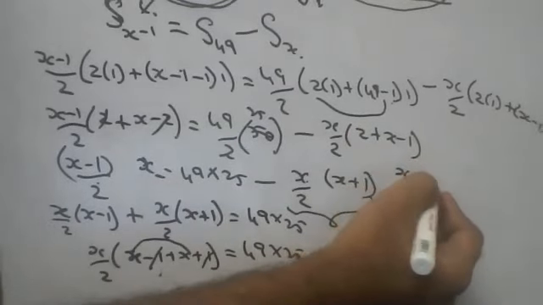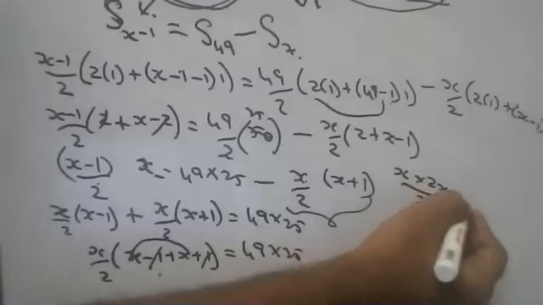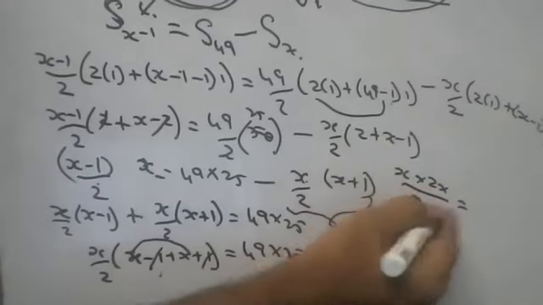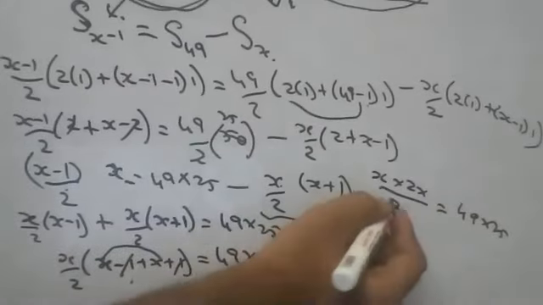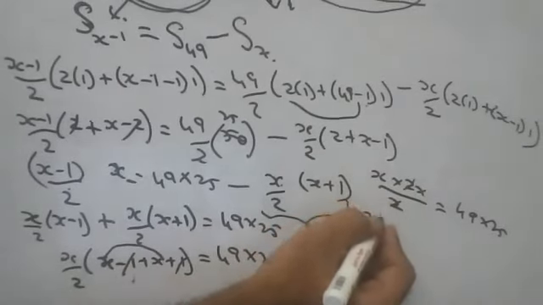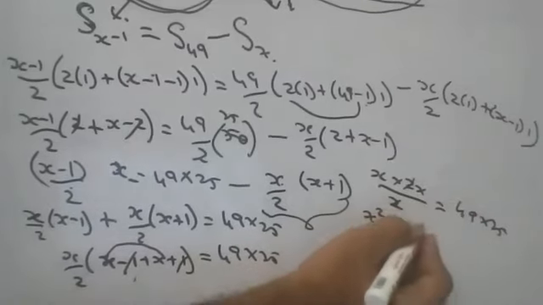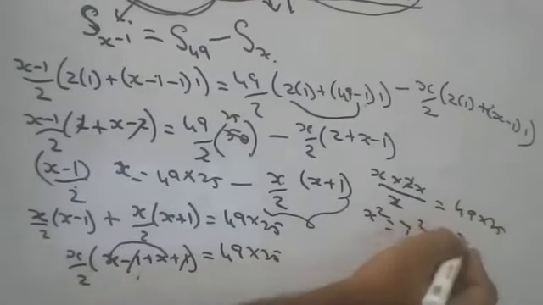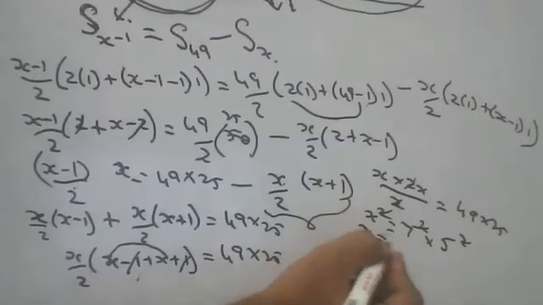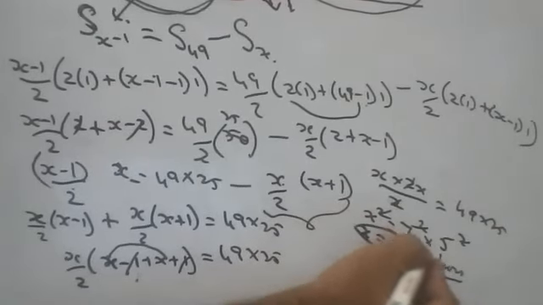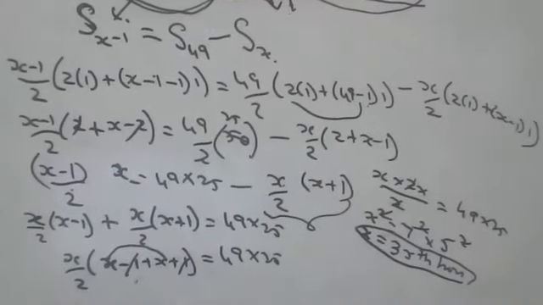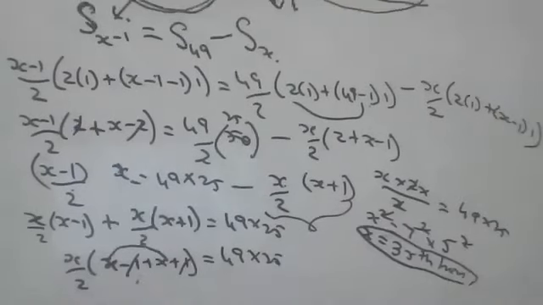X into 2X by 2 is equal to 49 into 25. So the 2 cancels. X square is equal to 49, which is 7 square, into 25, which is 5 square. Square root: 35th house is the answer. The 35th house is the haunted house, children.